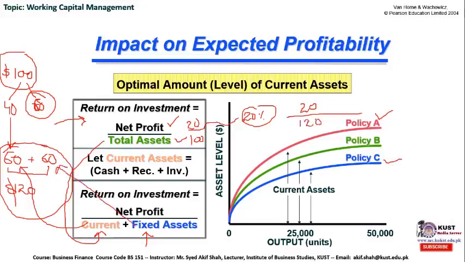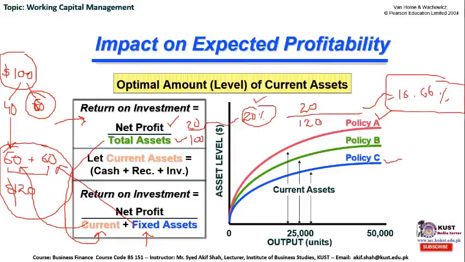After dividing this 20 by the 120 level of total assets, we have a return on investment of 16.66%. So we can see that if we increase the level of current assets in the company, it will reduce our profitability, which was previously 20%.